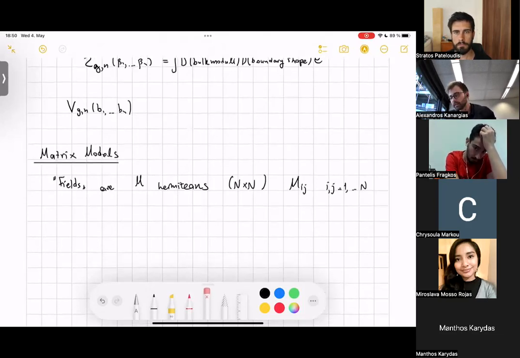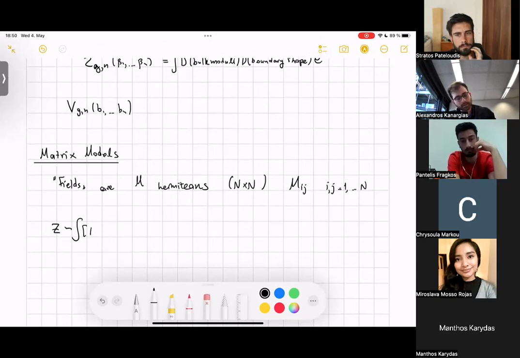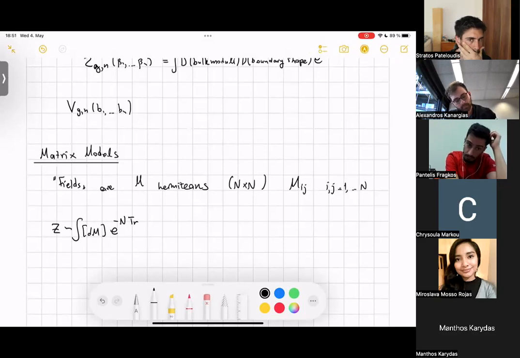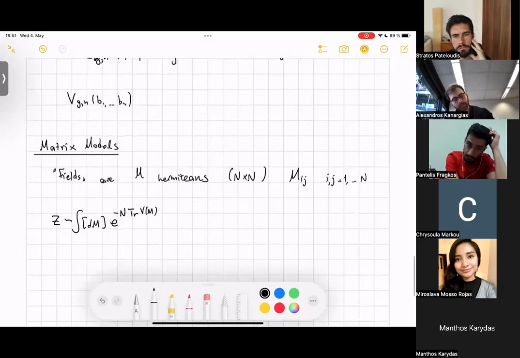And now the idea is that the partition function of such a theory, analogously to what we would do in quantum field theory, you would integrate over all possible values of the entries of this matrix.